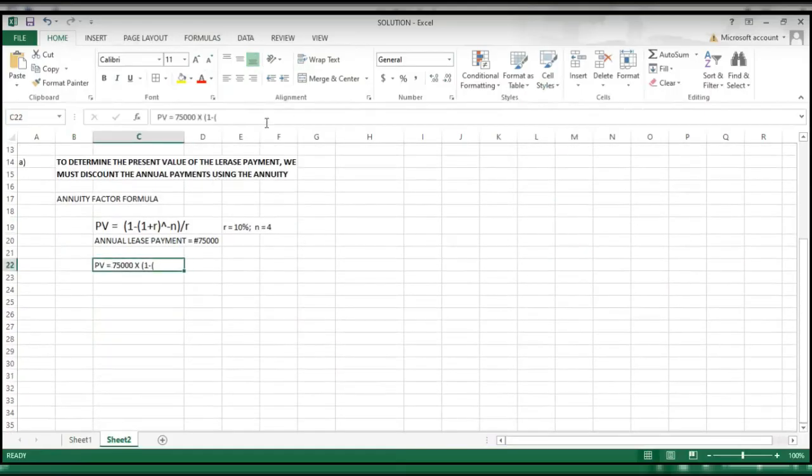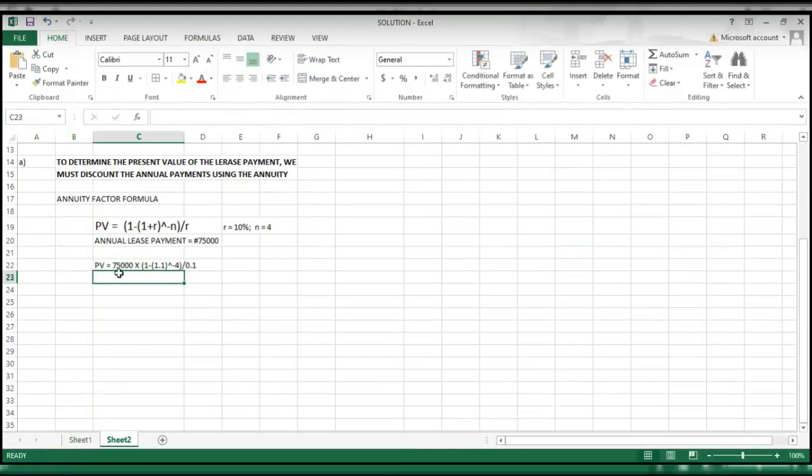So I continue what I'm writing here. 1 minus, so 1 plus R will now be 0.1. 1 plus 0.1 will be 1.1. I close the bracket and I say raised to power minus 4. I close the bracket and I say all divided by R, which is 0.1.